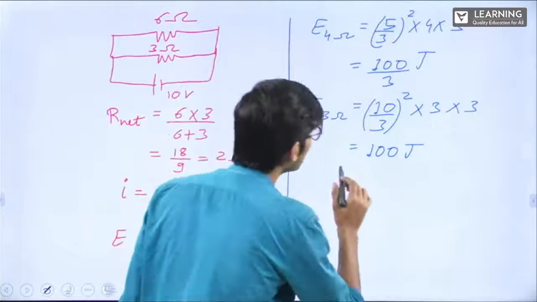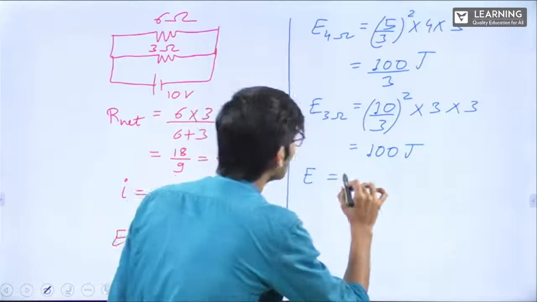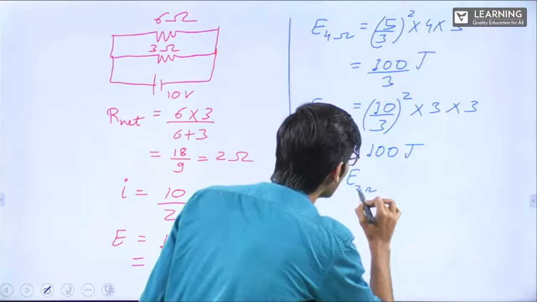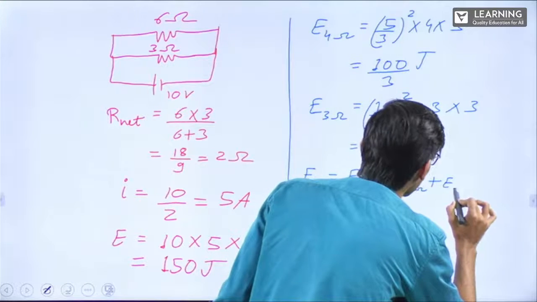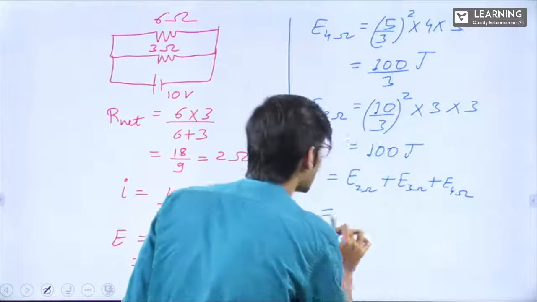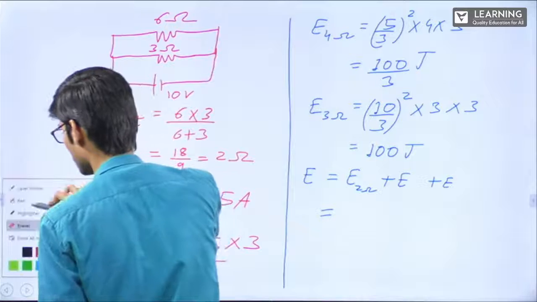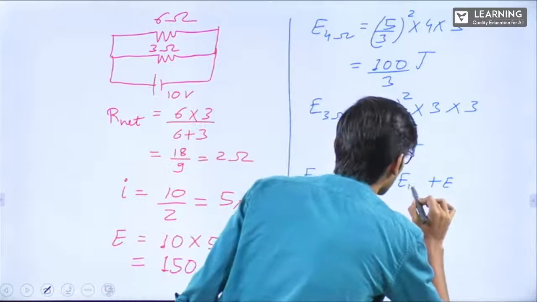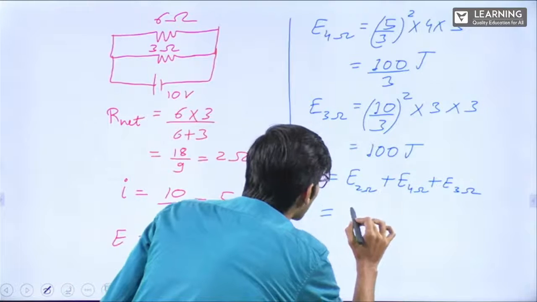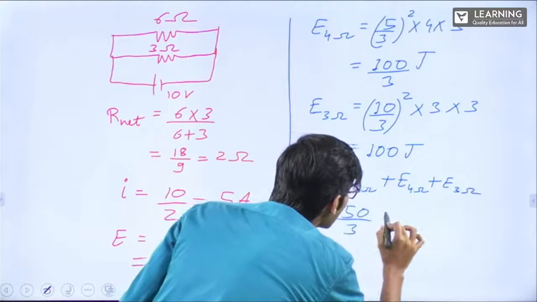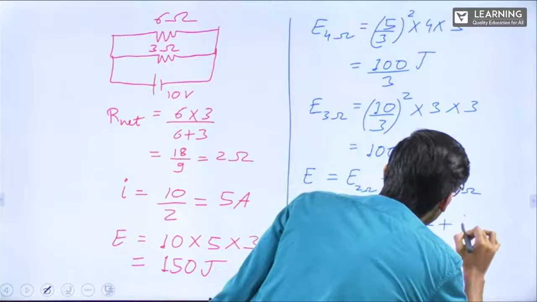All right. So now here see, total energy is equal to all the three energies, energy spent in 2 ohm plus energy spent in 3 ohm plus energy spent in 4 ohm. That is equal to 50 by 3 plus 100 by 3 plus 100.